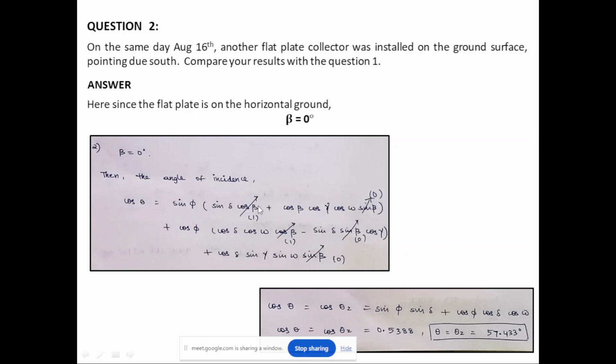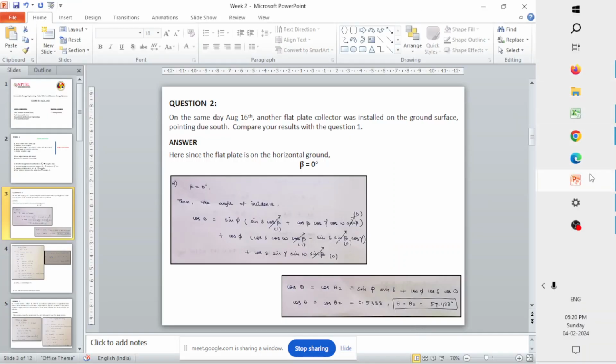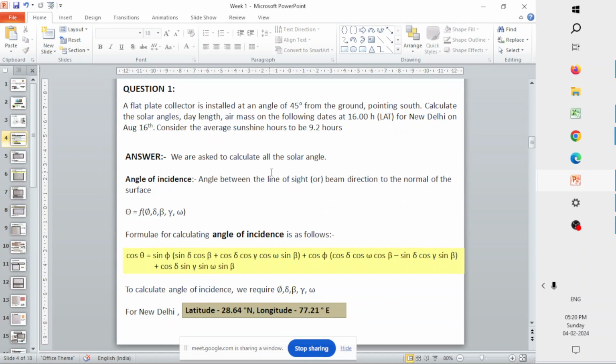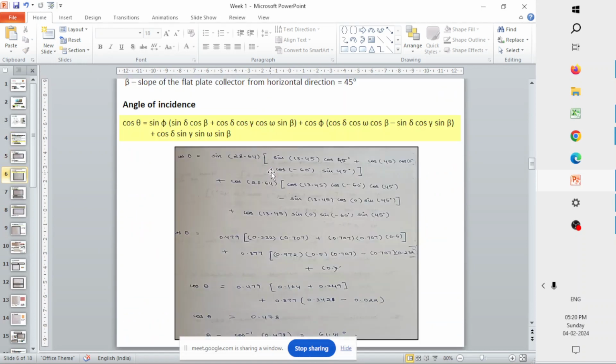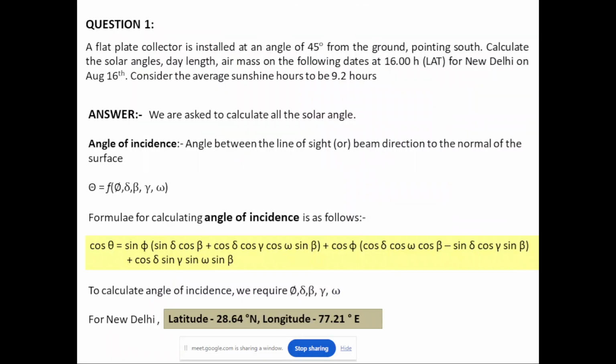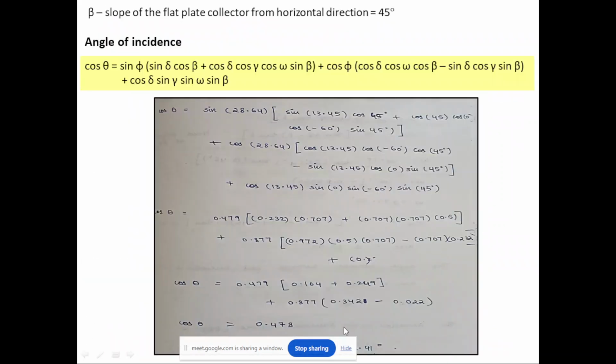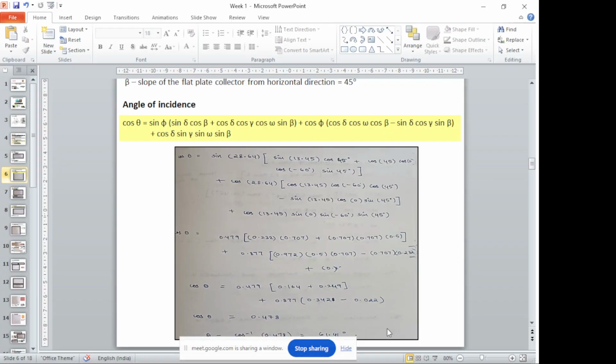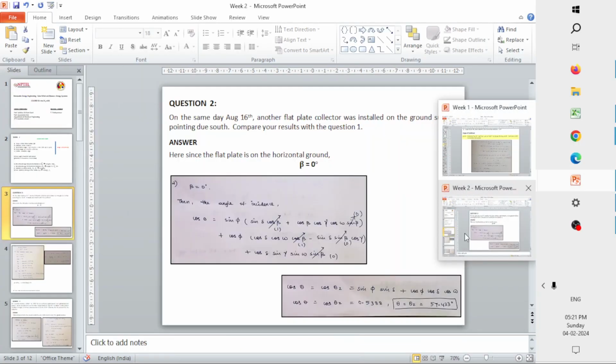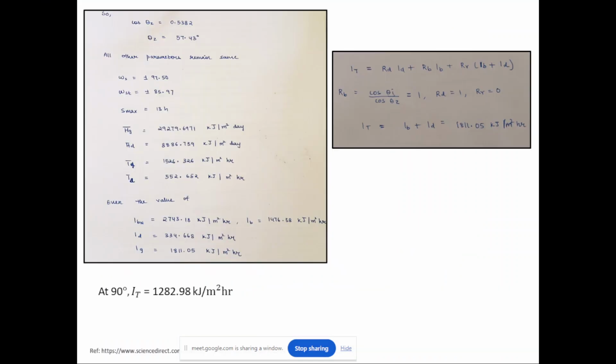So here beta is a function, and that is the reason your value of cos theta changes. Over there the value of cos theta was 0.478, that is 61.41 degrees, but here the value has changed, because theta is a function of beta also.